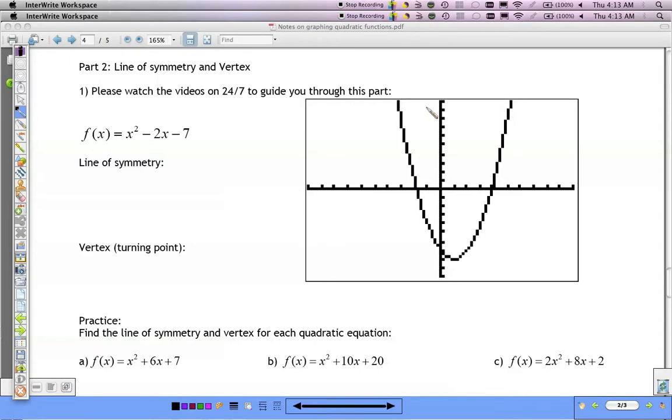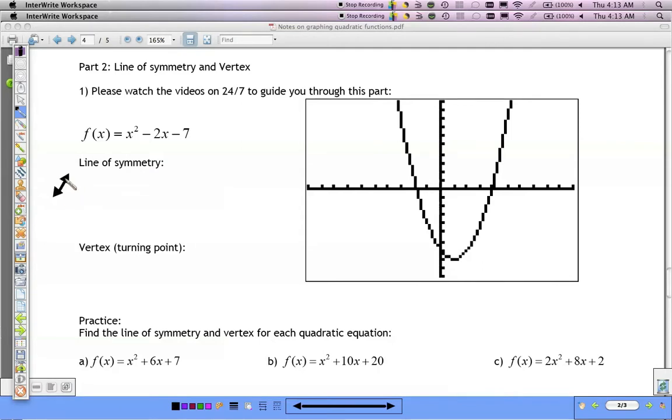So the formula for the line of symmetry is, and you're going to want to make sure you have this formula written down on that very first sheet of this packet with the important formulas and definitions, and you might also want to check to have the zeros, roots, vertex, all of those things. Well, you don't know what the vertex is yet.